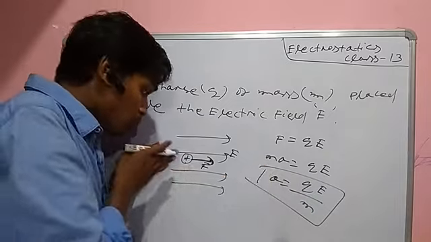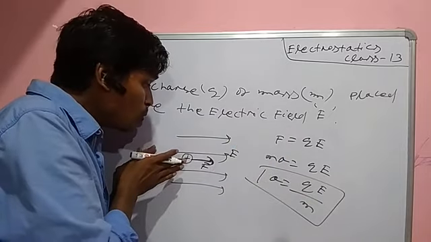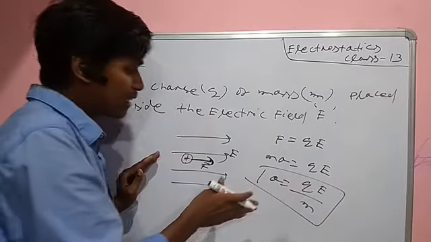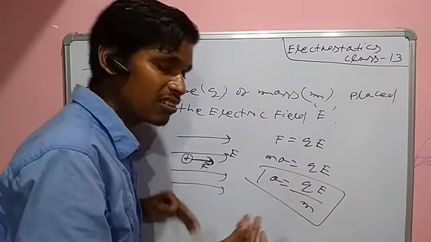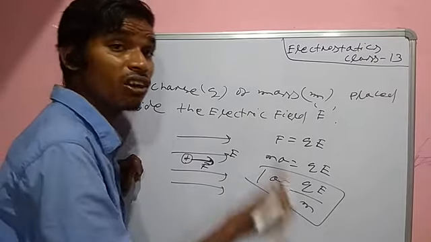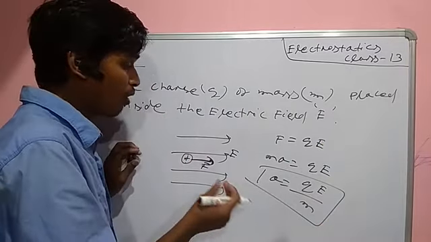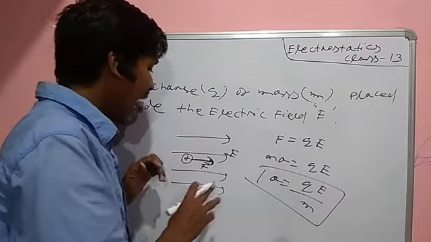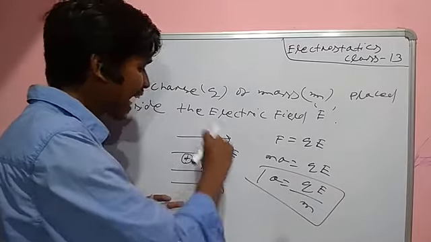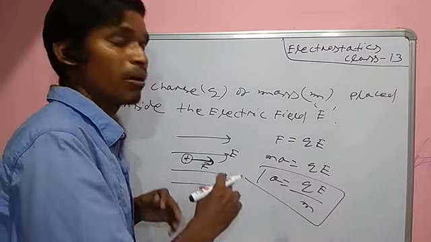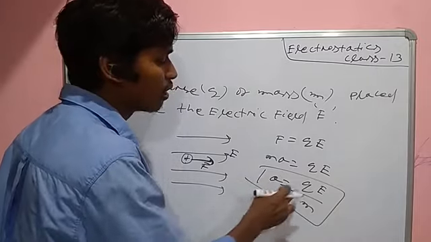So it moves in the direction of the electric field. Then it has some acceleration. Initially its speed is zero, but after placing it inside the electric field, velocity occurs. That means some acceleration occurs, that means a is equal to QE by m.